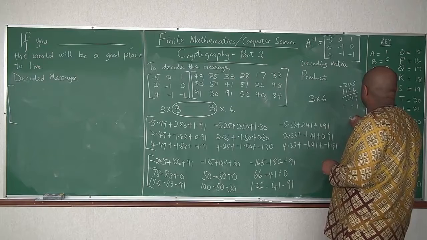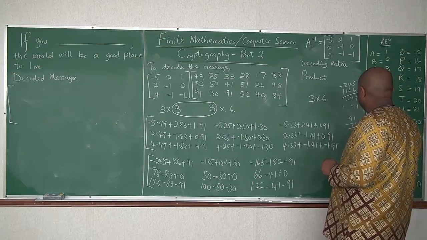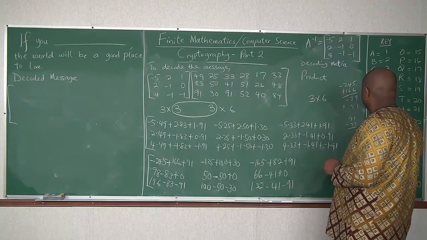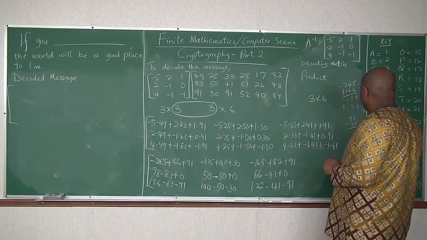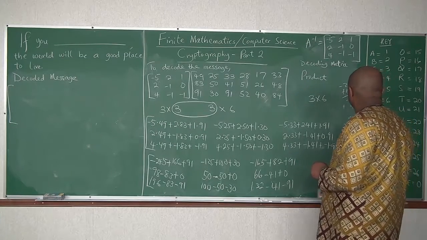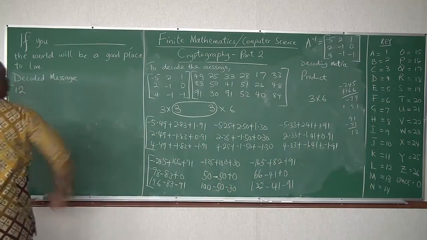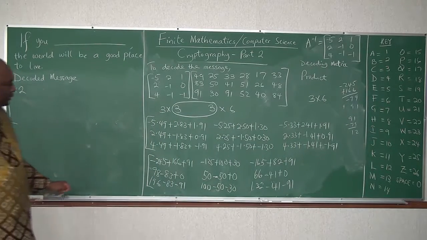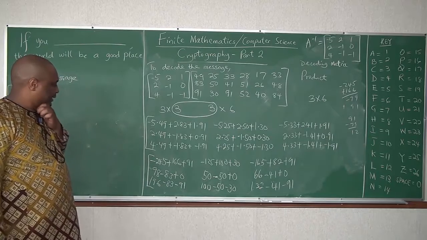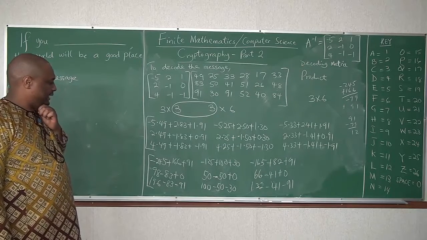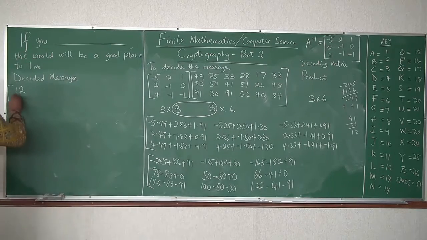So 91 minus 79. 11 minus 9 is what? 2. 8 minus 7 is what? 1. 12. So we have 12 here. Okay? Then 98 minus 83 is 15. 15 plus 0 is 15.